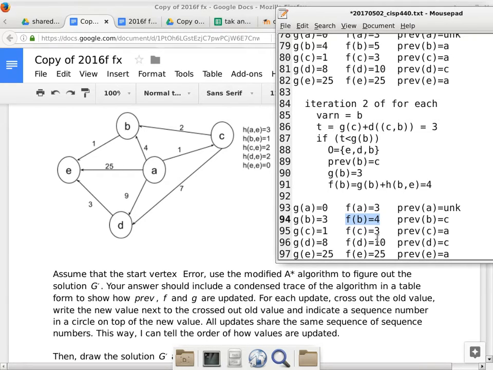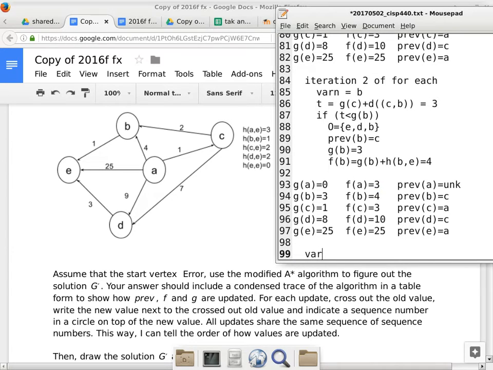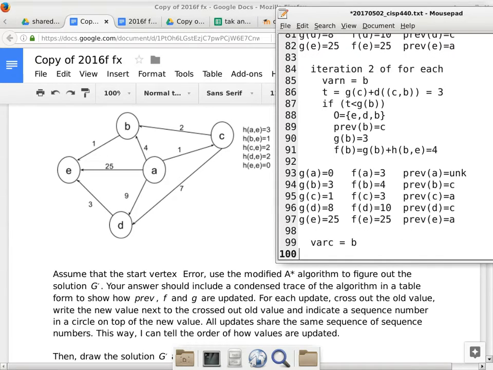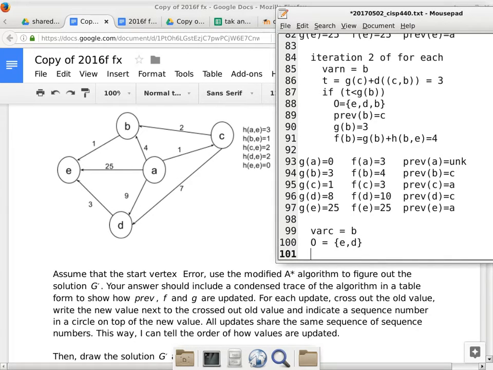Okay, so that's good, because now we know what our variable C would look like, because variable C in the algorithm is just going to be vertex B, and the set O now has to be updated because B is now chosen, so we don't want it to be in the set anymore, so we are removing B from the set O. And now that we know this part, it is time to go into the for each loop.